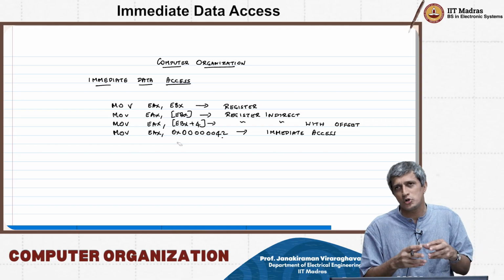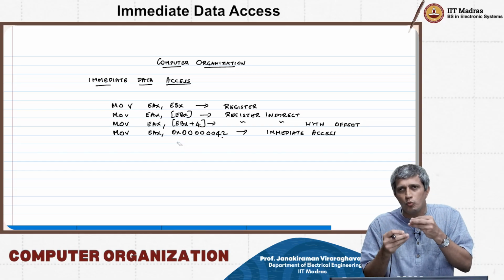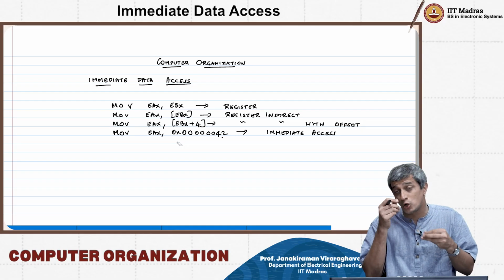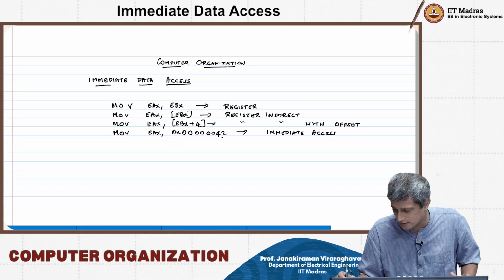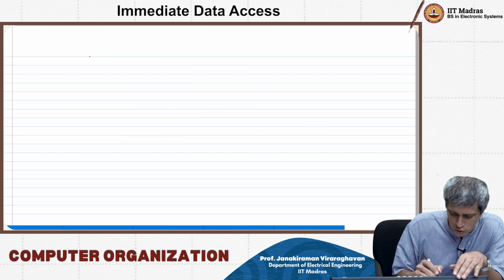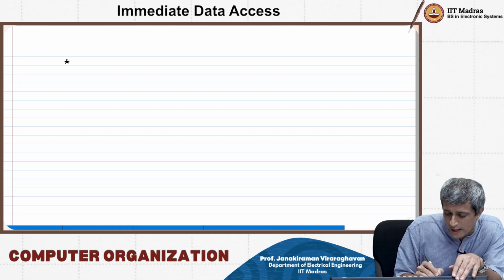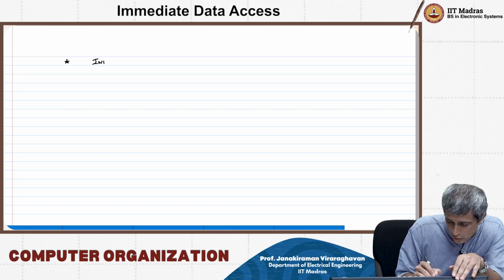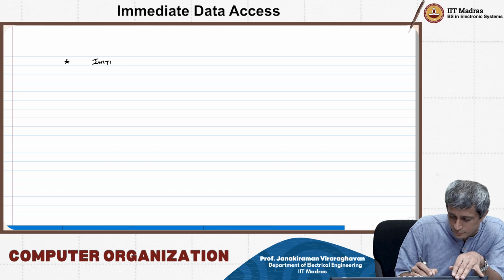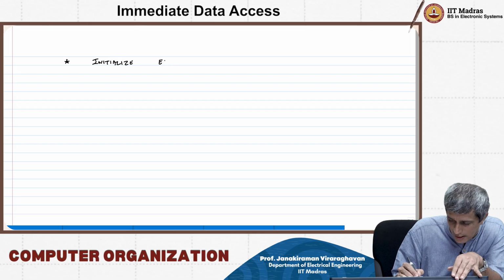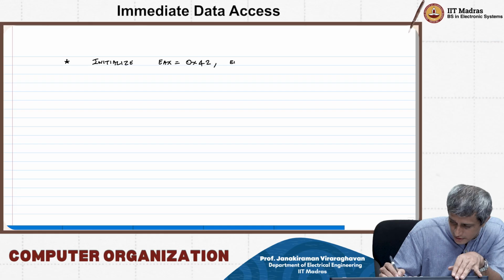In this lecture, I would like to write a few more programs that will allow us to understand the different kinds of access that we want to do. Let us write a program where we initialize the EAX register equal to 0x42, and the EBX register with the number 69.